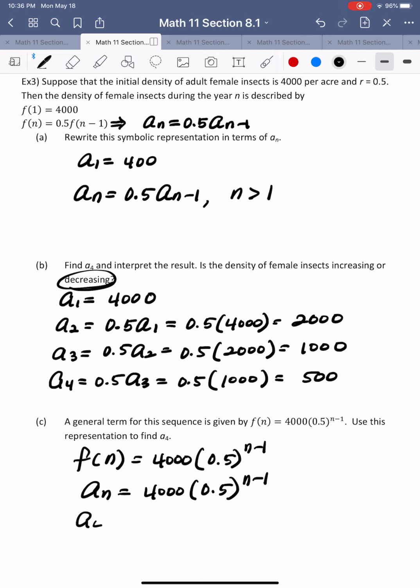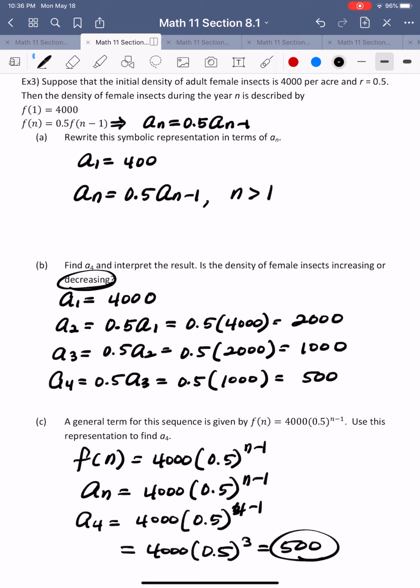So now looking for 4, so 4,000 times 0.5 to the 4 minus 1 power, which is 3. So 4,000 times 0.5 cubed, which comes out as 500. So same thing. You got the same answer. Check it out. Okay. All right, example 4.